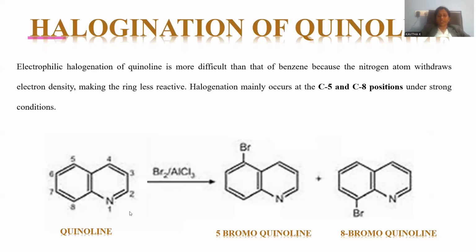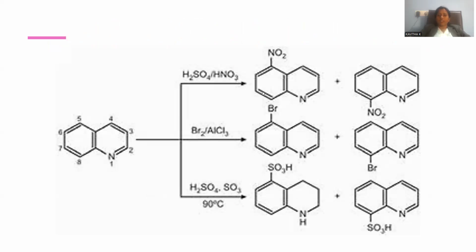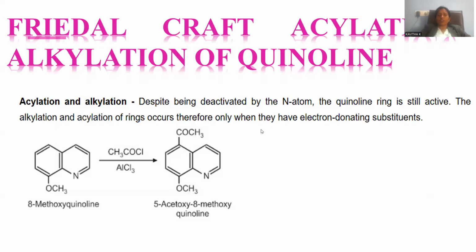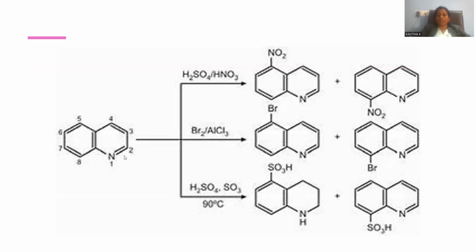Nitration gives 5- and 8-nitroquinoline as a mixture of two products, and bromination again has both probabilities at the 5th and 8th positions. Sulfonation is carried over positions 5 and 8 respectively, so all are expected electrophilic substitution reactions, and we got a mixture of two products upon the electrophilic substitution reactions of the quinoline molecule.